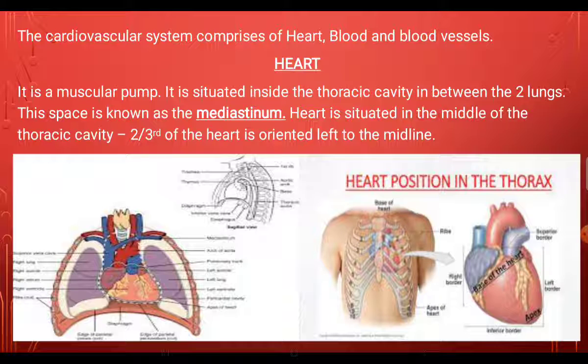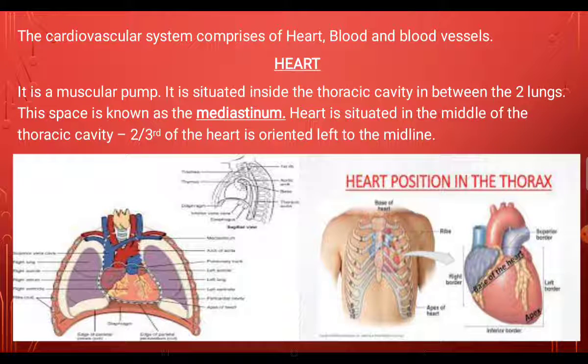If we divide it into three parts, almost 2/3 of the heart is oriented towards the left side, and only 1/3, a very small atrial region, is oriented from the midline a little to the right. Now the heart, the apex is the part that is towards the left side and the base of the heart is on the top.